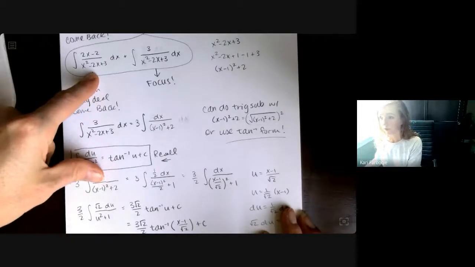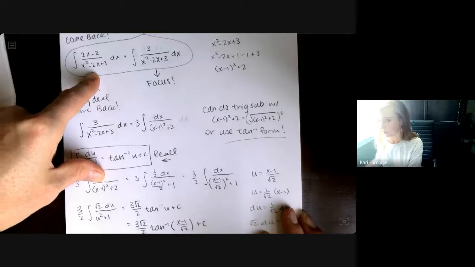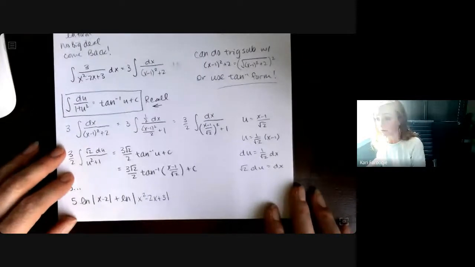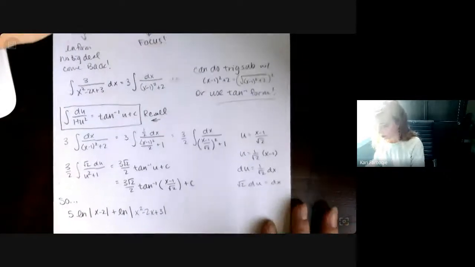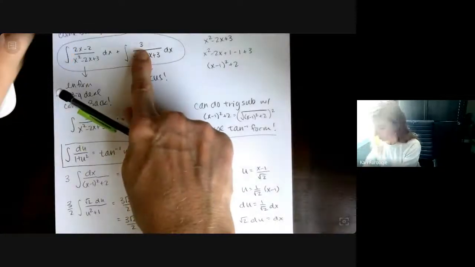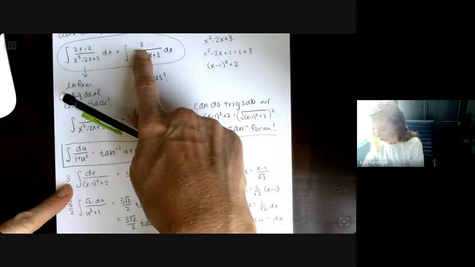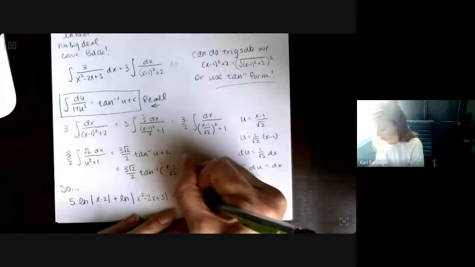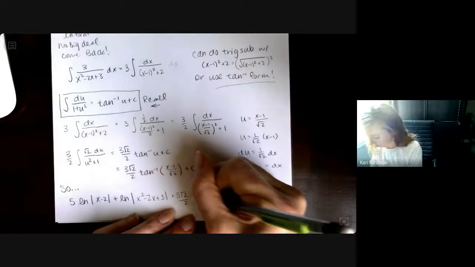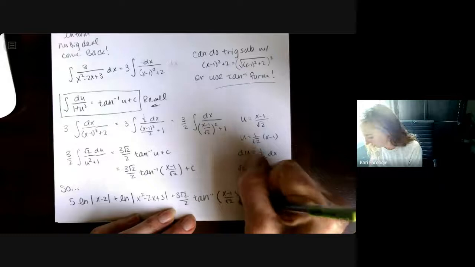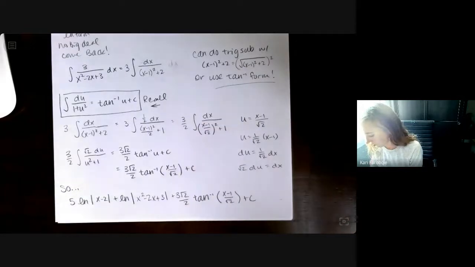Just the integral of du over u is ln u plus c. And then for your last one, well, we just found that. This one. So we took the 3, we put it out front, we included it here. So you also have plus 3 root 2 over 2 times the inverse tangent of x minus 1 over the square root of 2 plus c.